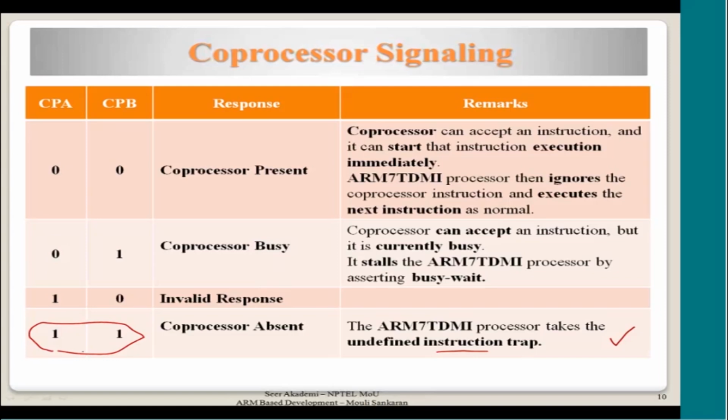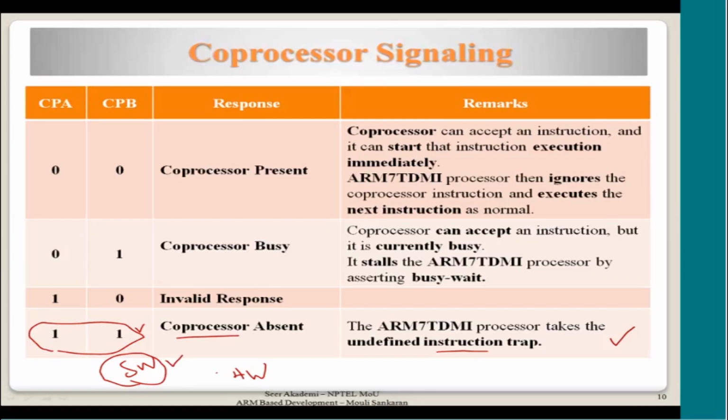So if we decide that I don't want to have a hardware coprocessor, then I can handle it in software, and that option is available. If no takers are there for a particular coprocessor instruction, we can do the undefined instruction trap and then execute whatever is supposed to be done by a coprocessor in software.